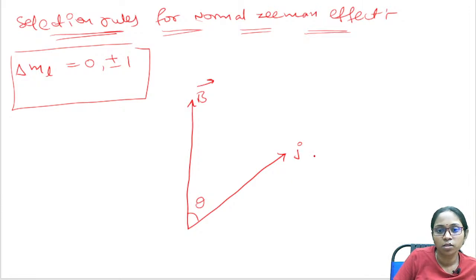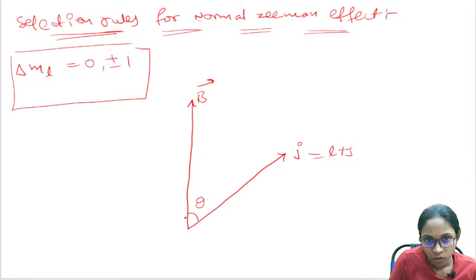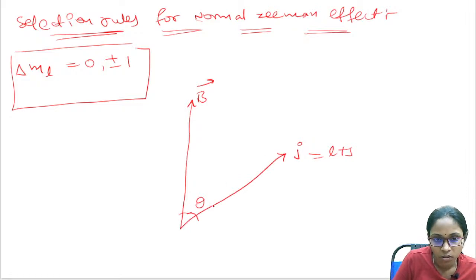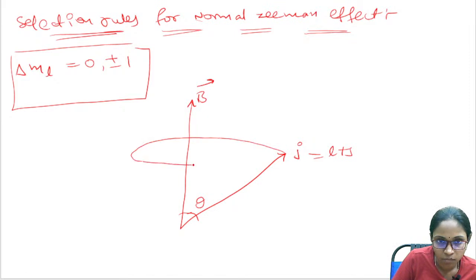J is nothing but L plus S. Here, this J is the precession of J about this external magnetic field.